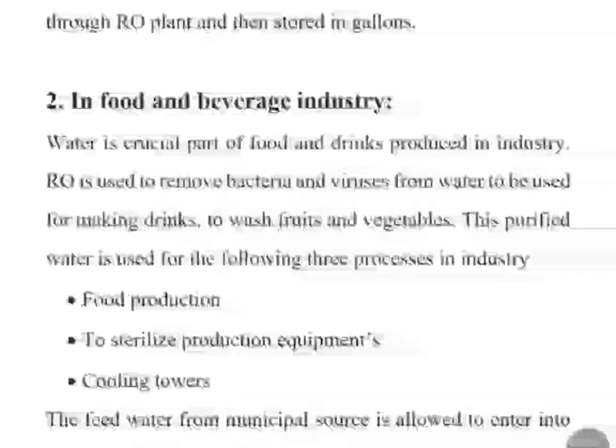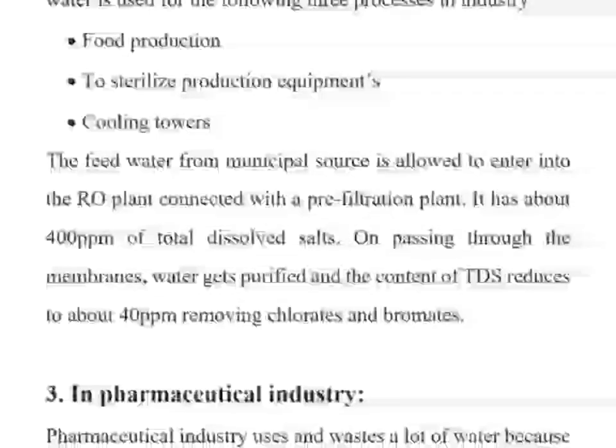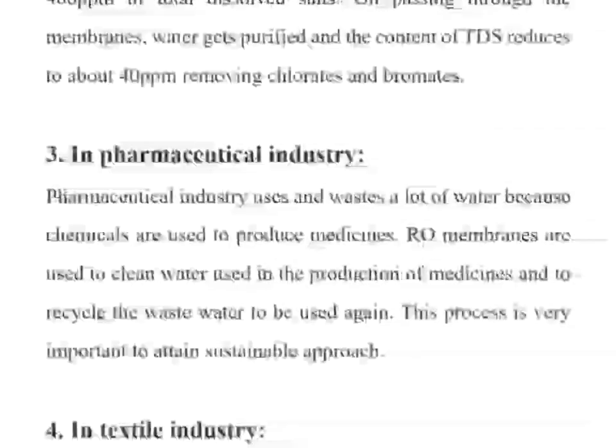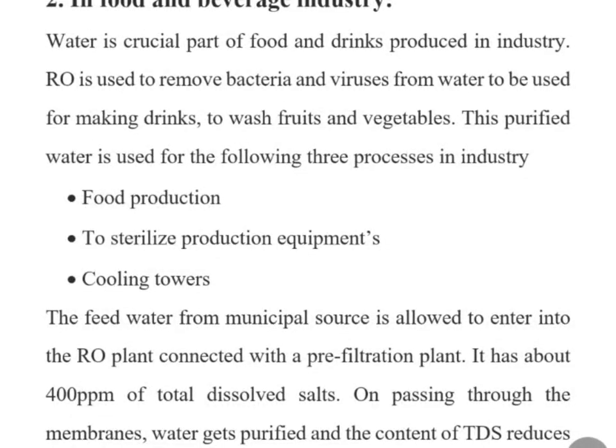Now moving towards applications, RO membranes have vast applications. It is used in almost every field. For example, in the chemical industry, in the food and beverage industry, in the pharmaceutical industry, in the textile industry, and almost for the purification of drinking water.